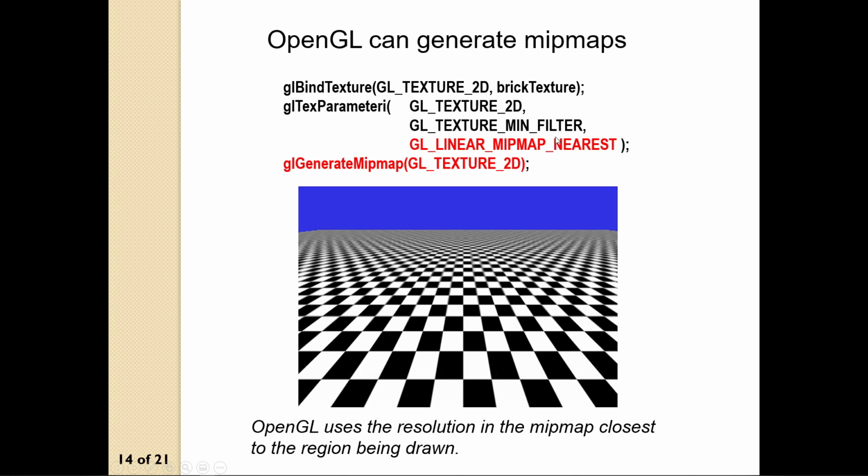So here's a linear nearest neighbor mipmapping, the fastest, cheapest version. Nearest neighbor, linear filtering. And then you can generate a mipmap from there. OpenGL will automatically use the resolution in the mipmap closest to the region being drawn. Depending on what size it needs for that region, it will automatically choose the right mipmap for you.